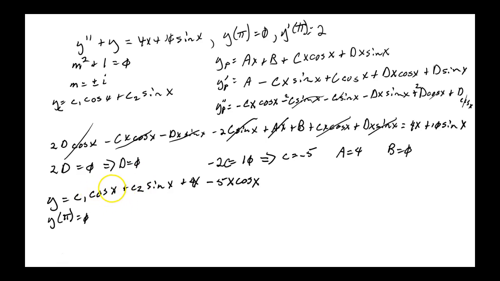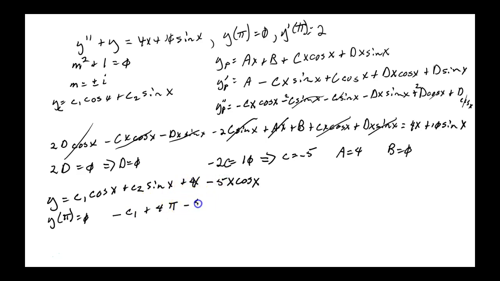When x is pi, cosine is negative 1. So that would be a negative C1. And when x is pi, sine would be 0. Plus 4 pi, right?